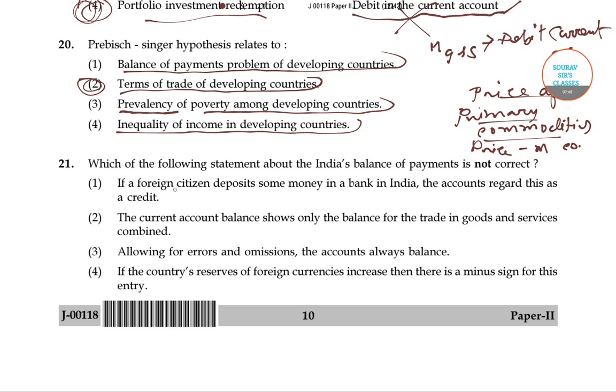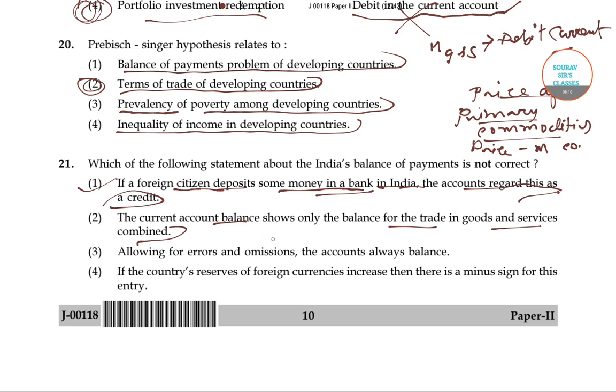The first one is, if a foreign citizen deposits some money in a bank in India, the accounts regard this as a credit. This is right.